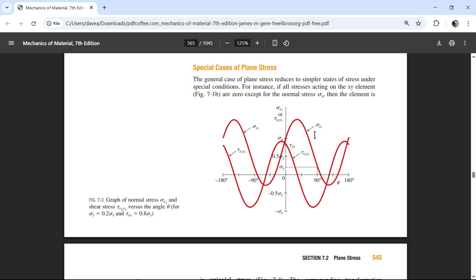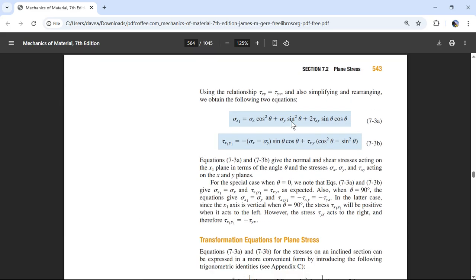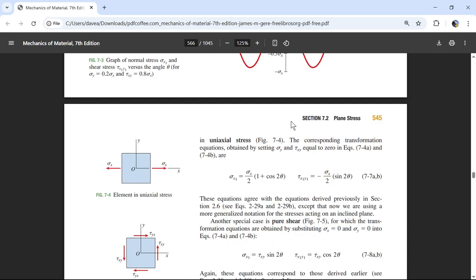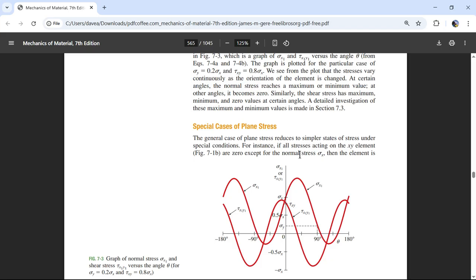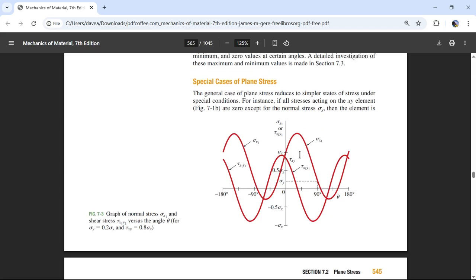Okay, so this diagram, they're just going to choose different values. So you're going to have a value for sigma x1, and it's going to be a rotated element. So right here, if you have a value for sigma x, your sigma y is 20% of sigma x.